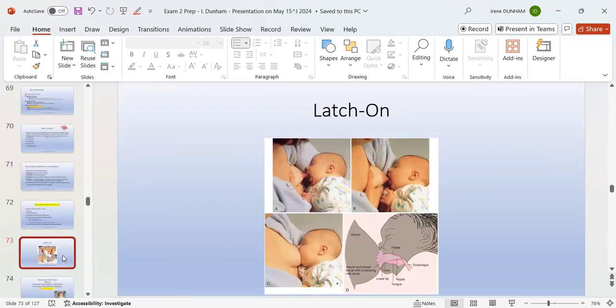The nipple should go all the way inside. So this brown area called the areola should be what he latches on to, the whole area. The reason I'm going over this is because it's a good question. If they only latch on to the nipple, that causes redness of the nipple, and that nipple can crack and open up, and that's very painful.